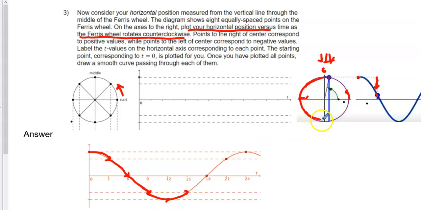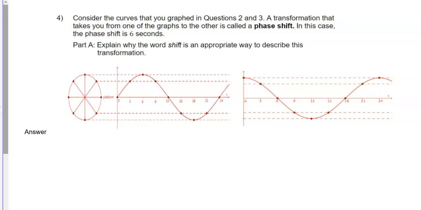And as we get here, we are now somewhere there. And as we continue to rise, we eventually come back. So that is going to be the nature of our graph.